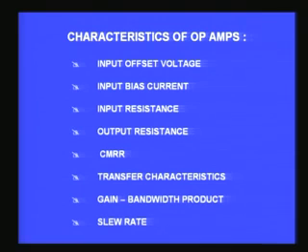I listed also the different characteristics which are of importance in using the operational amplifiers for different applications. You can see the input offset voltage, input bias current, input resistance, output resistance, common mode rejection ratio, what is known as CMRR.